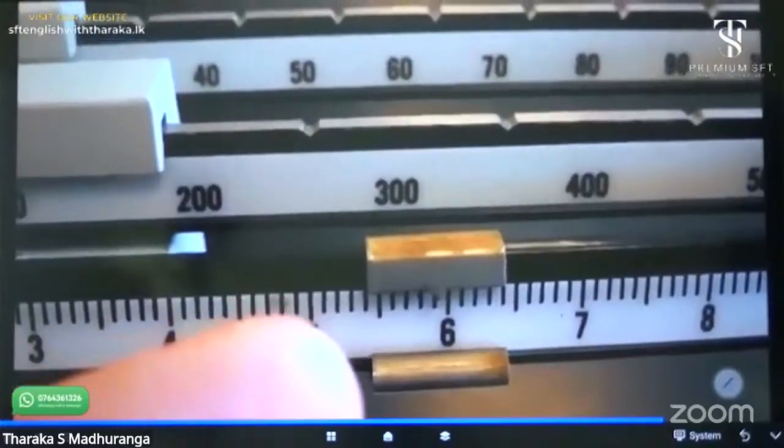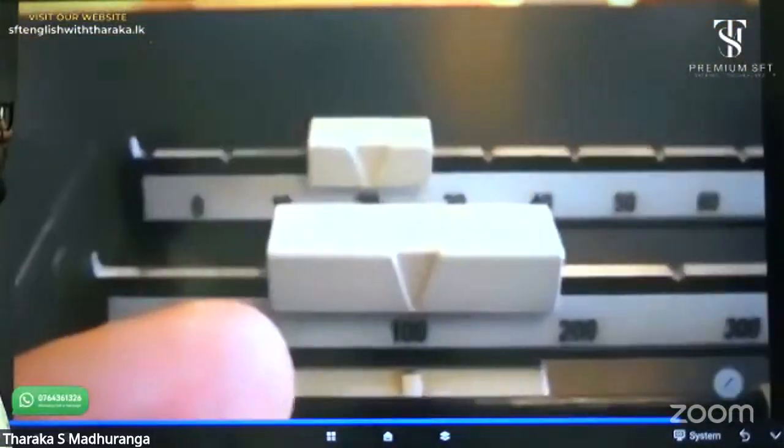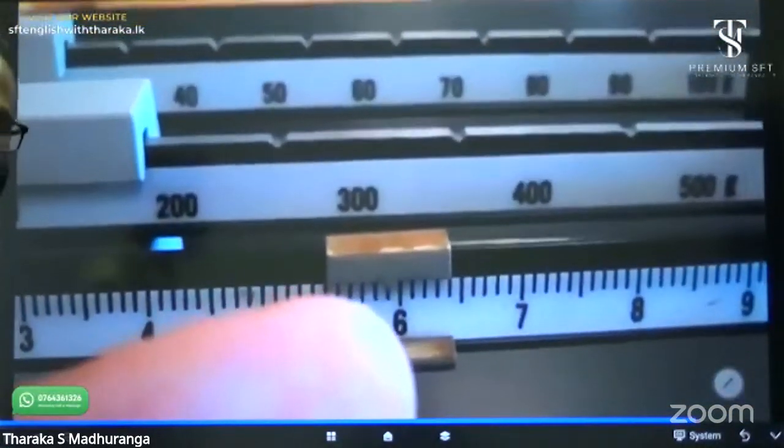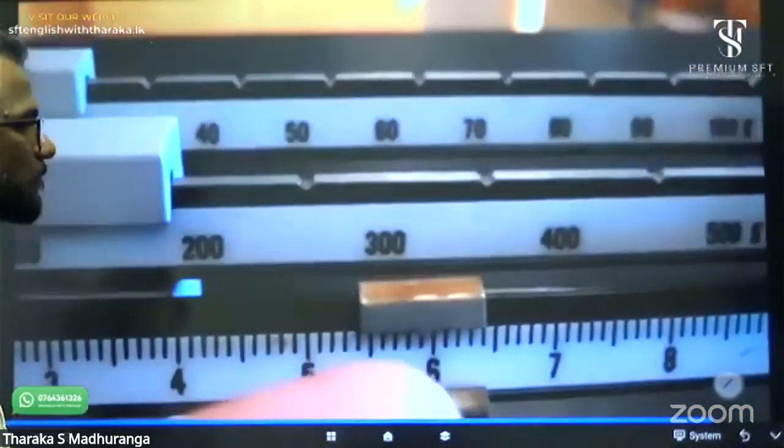How many lines over it is? 1, 2, 3, 4, 5, 6, 7, 8, 9. So 125.9.